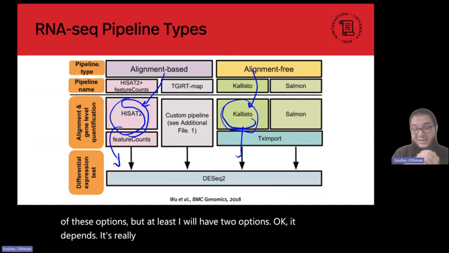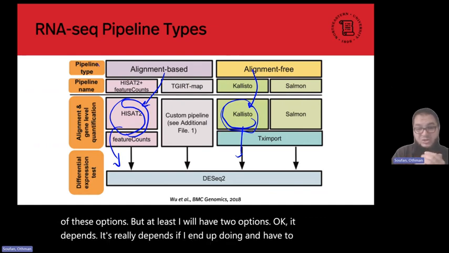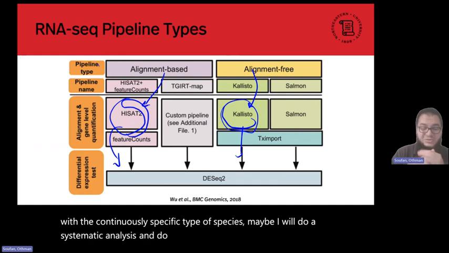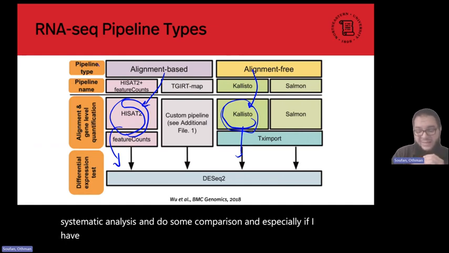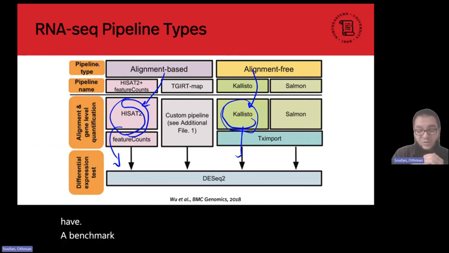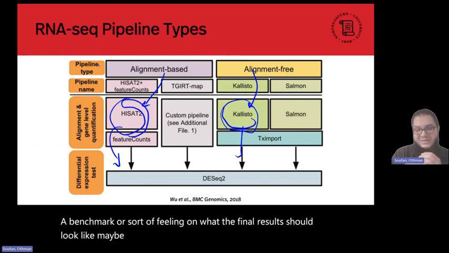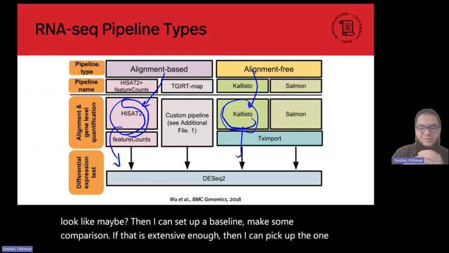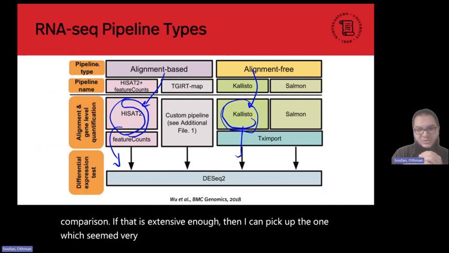If I end up having to deal with a specific type of species, maybe I will do a systematic analysis and some comparison. Especially if I have a benchmark or a sense of what the final results should look like, then I can set up a baseline and make some comparison. If that is extensive enough, then I can pick the one which seems very quick, like Kallisto and so on and so forth.